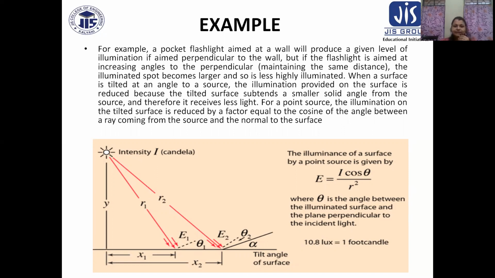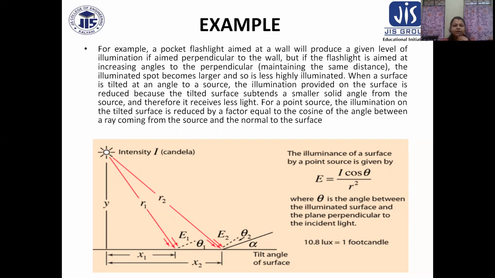When a surface is tilted at an angle to a source, the illumination provided on the surface is reduced because the tilted surface subtends a smaller solid angle from the source and therefore it receives less light. For a point source, the illumination on the tilted surface is reduced by a factor equal to the cosine of the angle between a ray coming from the source and the normal to the surface.